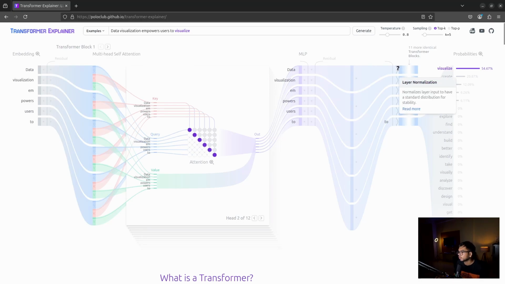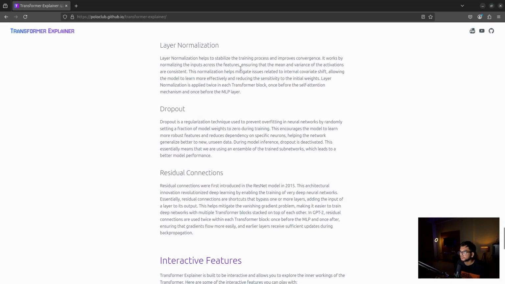After getting this output, there is a layer normalization. If you click on that, you will see why the layer normalization is applied. Layer normalization helps to stabilize the training process and improve convergence. It works by normalizing the input across the features. From each head we get different kinds of outputs, based on the key, query and value matrices.